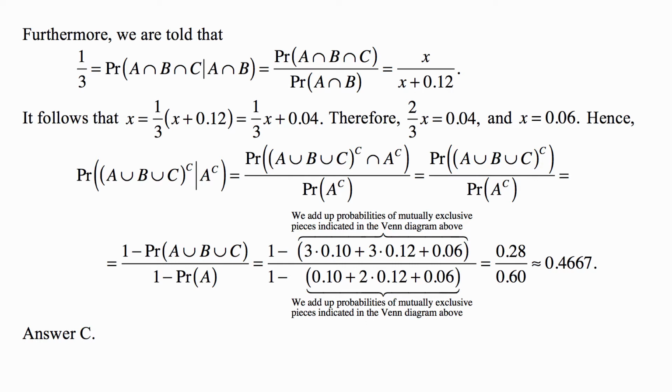I'm saying minus because we eventually are going to subtract every single one of those from 1. That ends up being 0.28 divided by 0.60, which is approximately 0.4667, answer C.